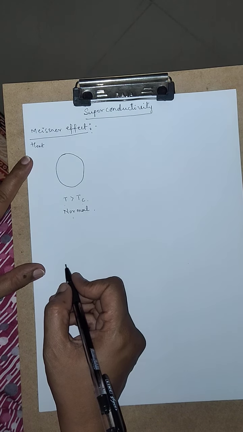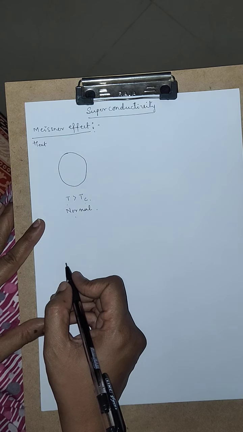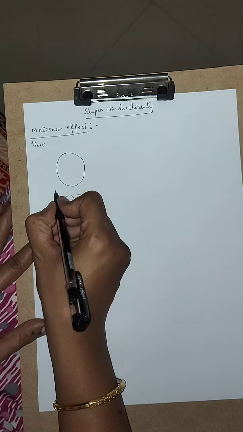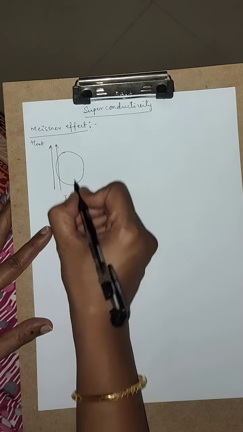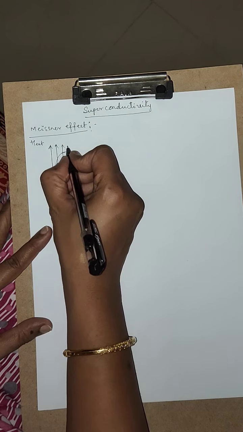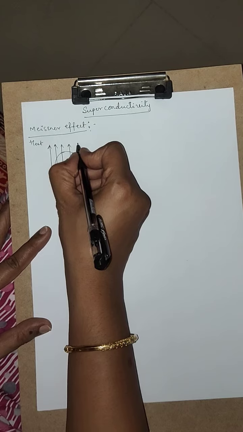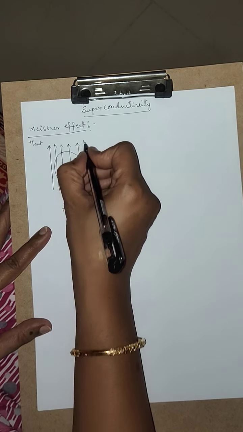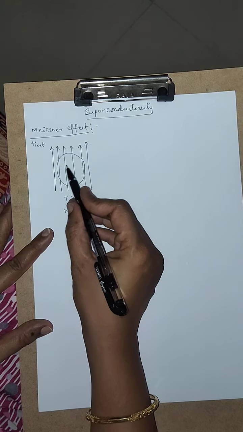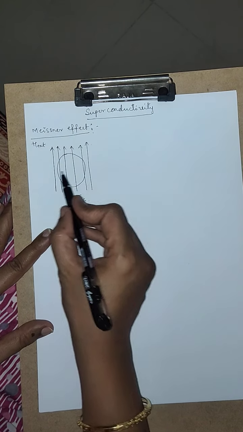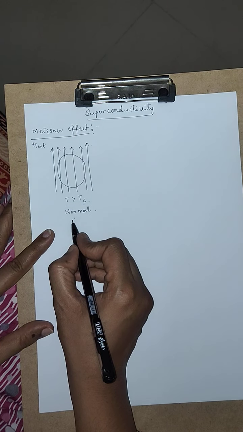The strength of the magnetic field can be understood by the magnetic lines of force. These magnetic lines of force enter the material and are also beside the material. That means there is a magnetic field within the material and around it when it is in a normal state.